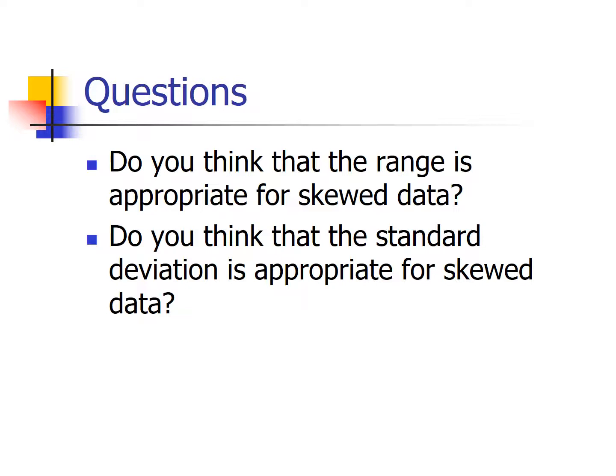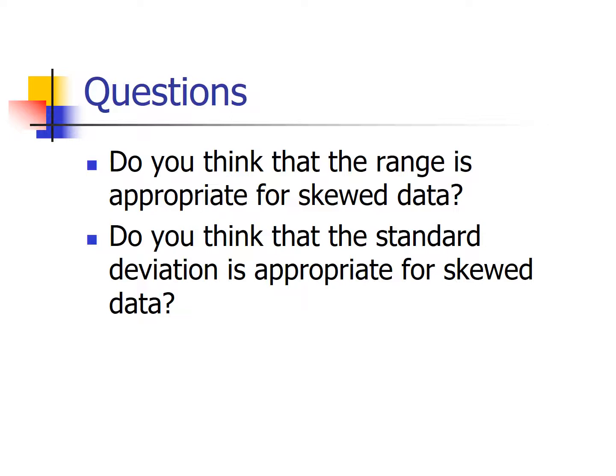Remember, the range is defined as the largest value minus the smallest value. That is, only two numbers go into the actual calculation of the range, the biggest number and the smallest number. So of course it's going to be inordinately influenced by the biggest number and the smallest number in the data set.